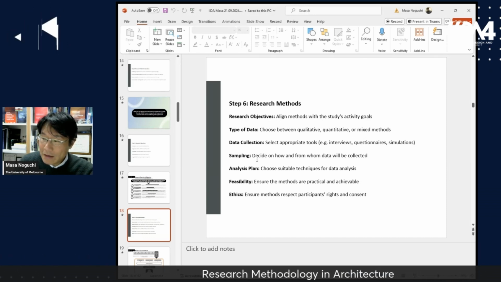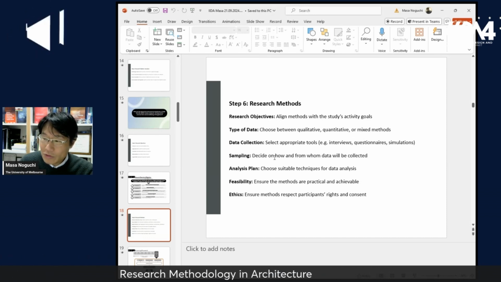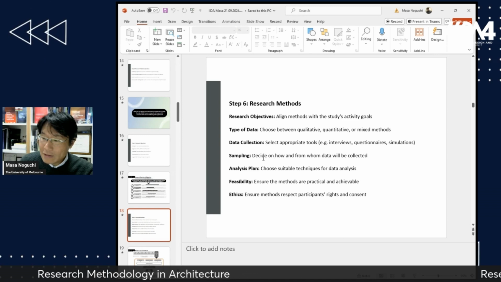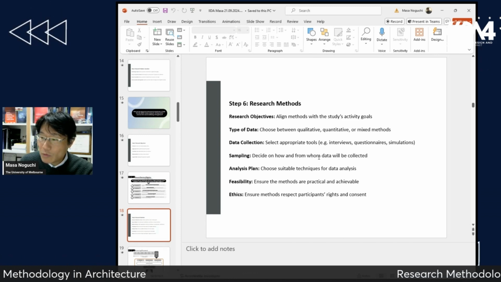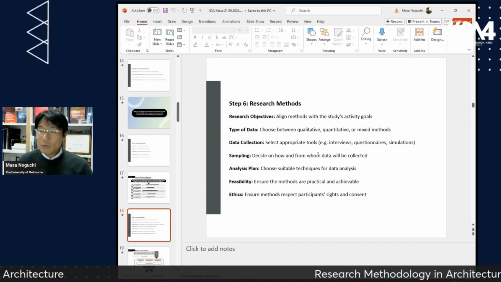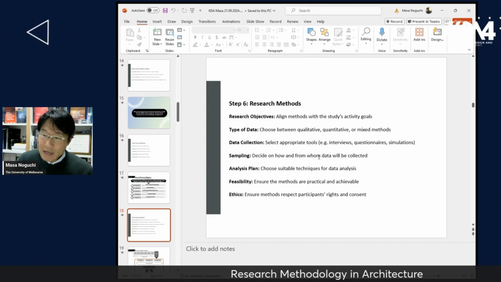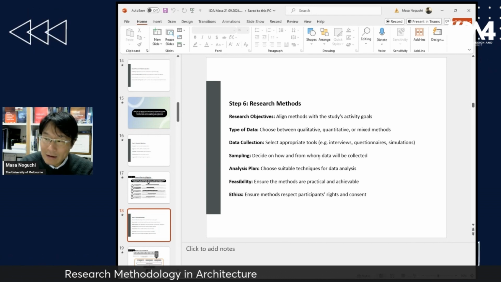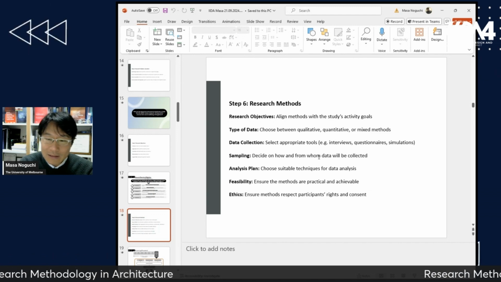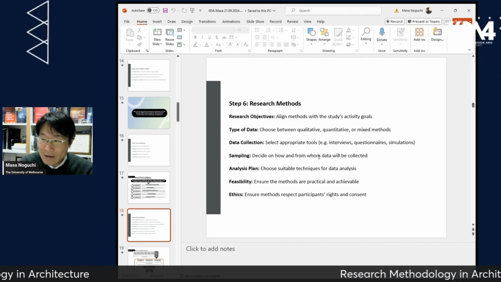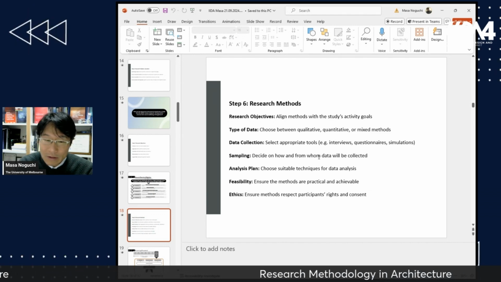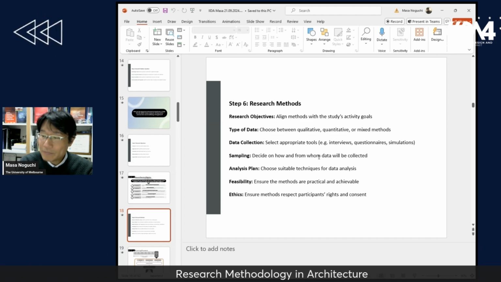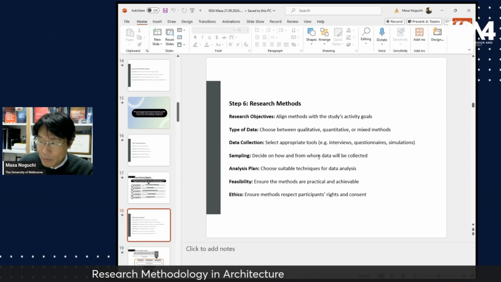And sampling: how much data you want to collect, deciding how and from whom data will be collected. If you want to explore research on aging societies, most likely older adults will be the subjects or samples.